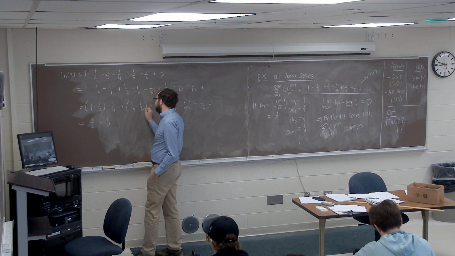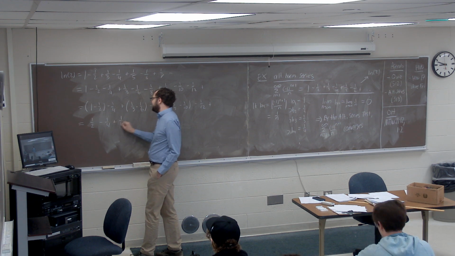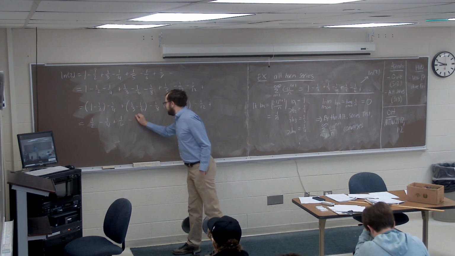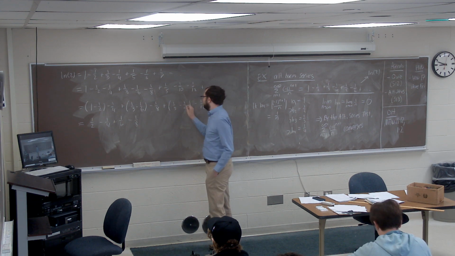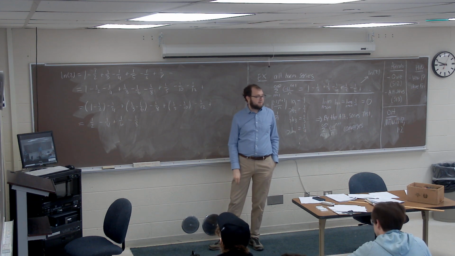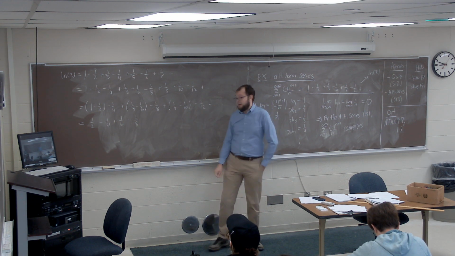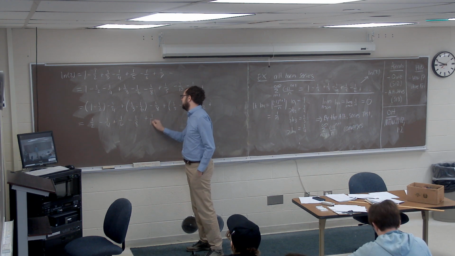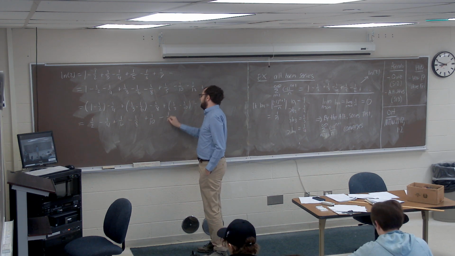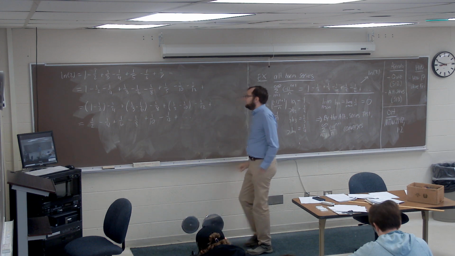A third minus a sixth, that's positive 1/6, minus 1 over 8. 1/5 minus a tenth, that's positive 1 over 10, minus 1 over 12, etc., etc.